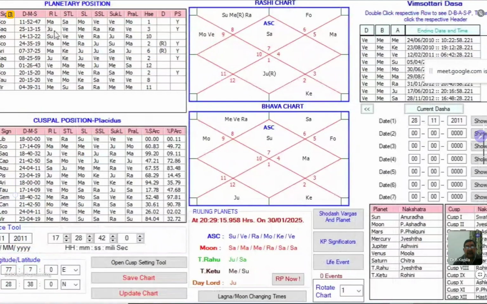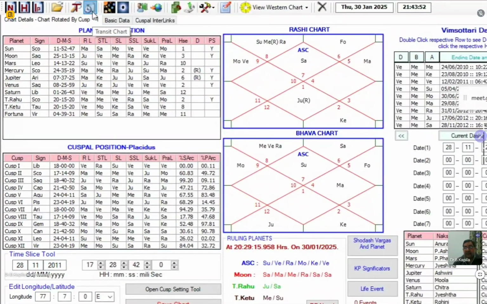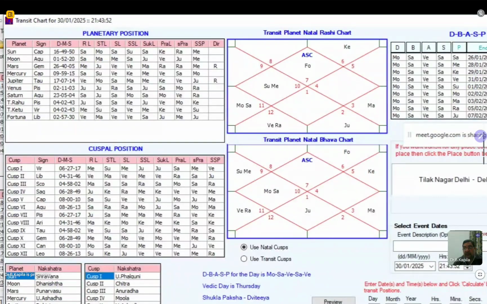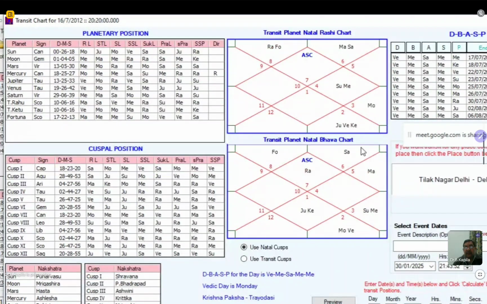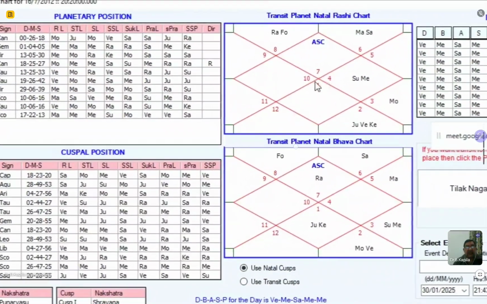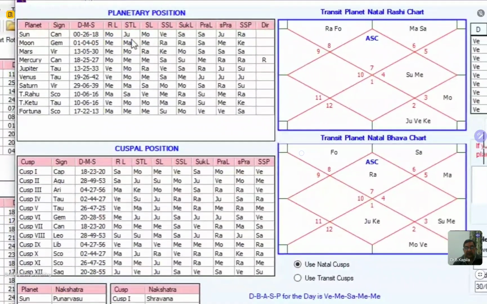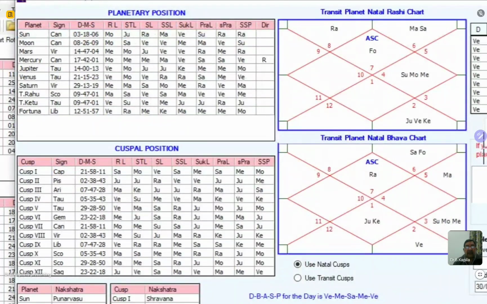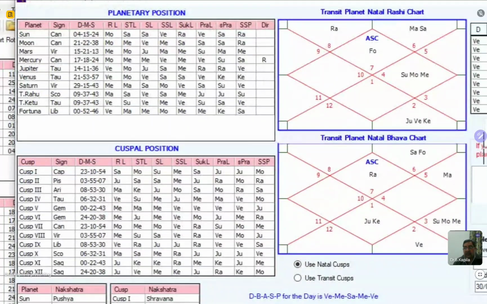So here in the transit on the date 16/7/2012, the Sun was transiting in the Cancer sign in the star of Jupiter. So I advance it by 3 days, and when I do it, I get Saturn as a star.